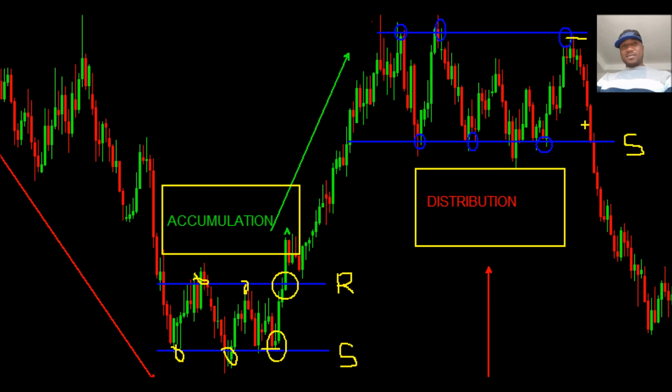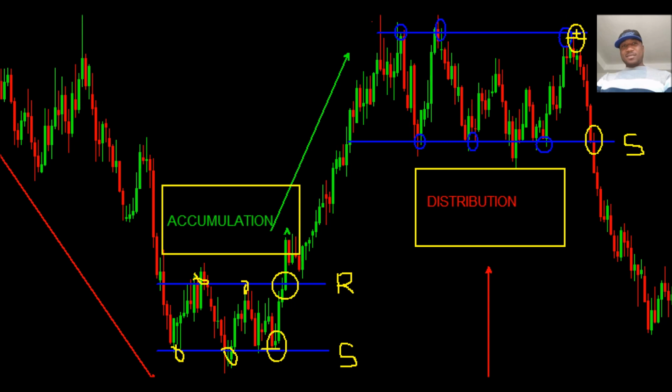Like I said, some traders sell from this point and put their stop loss to the upside, while others sell from this point here. So you can either sell from this point or from this point.